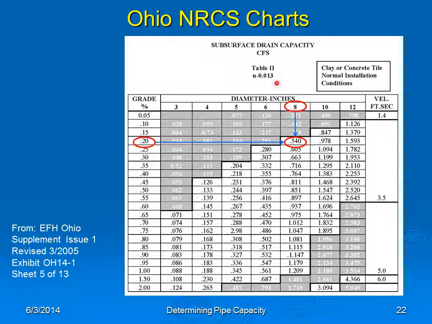In this chart, you can see the n value here is 0.013, so we actually have a higher capacity for the clay tile than we do for the corrugated plastic pipe. And that makes sense because the interior of the corrugated plastic pipe is much rougher than the interior of a clay tile.